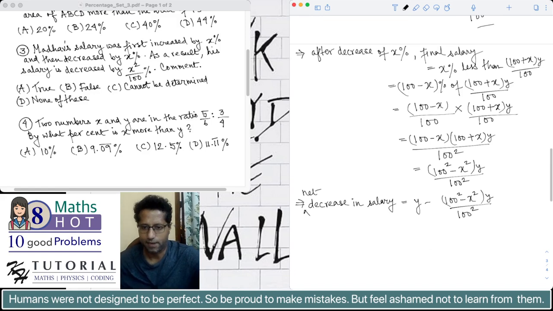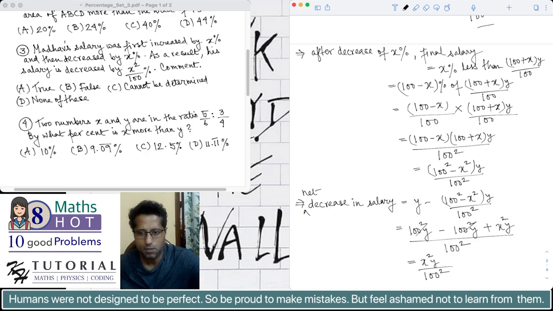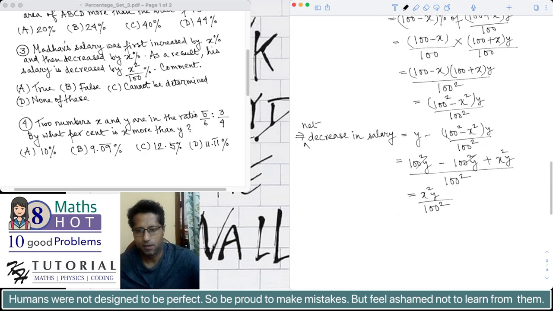So this is the net decrease in salary. If you simplify this, we get 100 square Y minus 100 square Y plus X square Y divided by 100 square. 100 square Y cancels out and we get X square Y by 100 square. So this is the net decrease in salary.